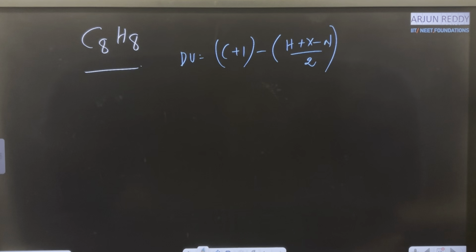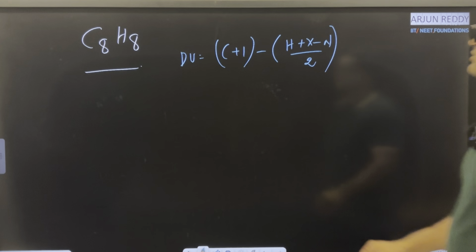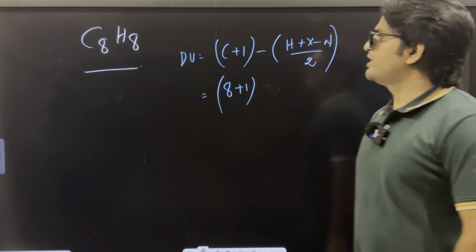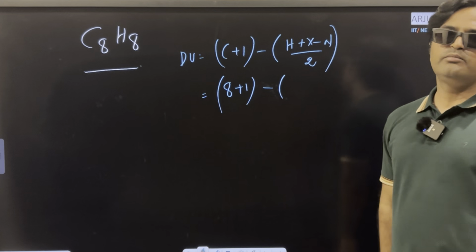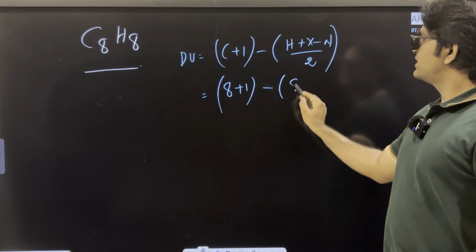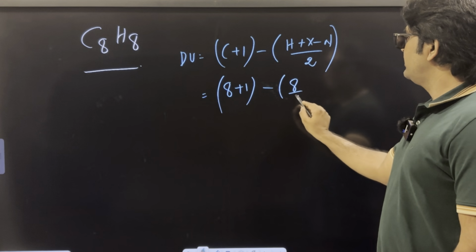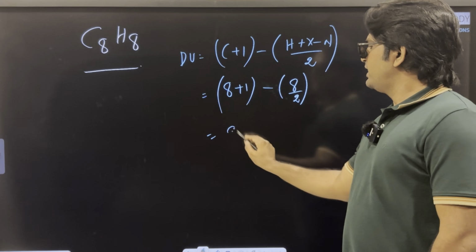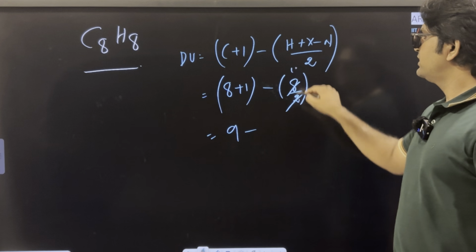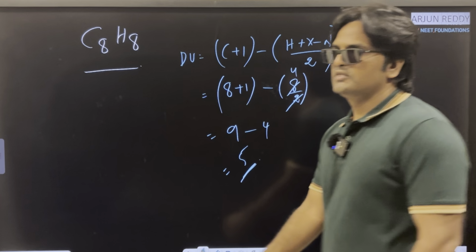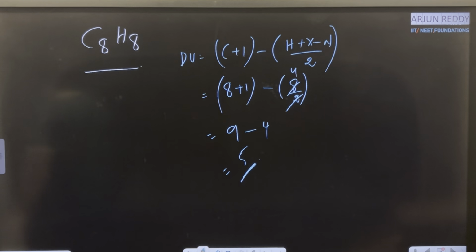Now substitute. How many carbon atoms are present? 8 carbon atoms, minus 8 hydrogen atoms, no halogen and no nitrogen, divided by 2. So 9 minus 8 is 1, so 2 over... 4. What about the degree of unsaturation? 5. Very simple example: C8H8, its degree of unsaturation equals 5.